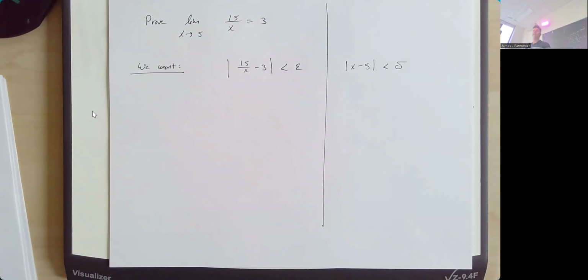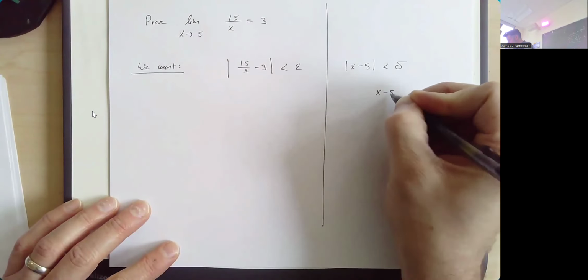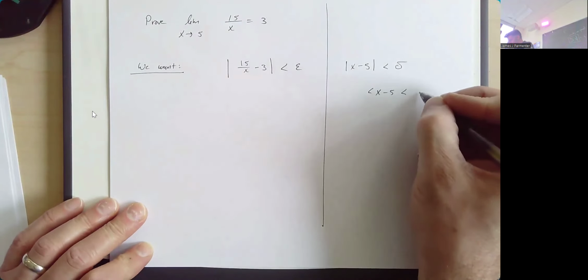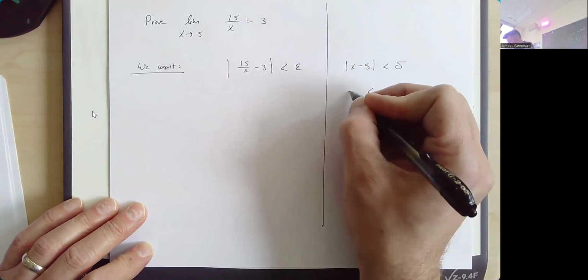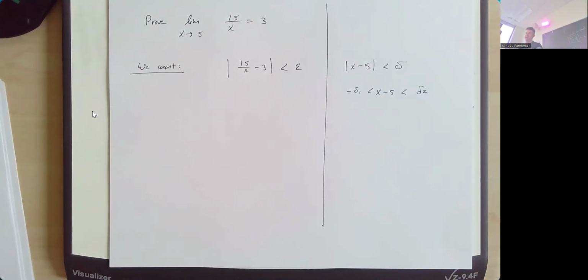The x minus whatever less than delta part is always going to be easy to deal with. It's really just two steps at the most. You have x minus 5 between, and again, I would encourage you to say this is delta 2 on the right, negative delta 1 on the left. That's how I would always choose to write it, instead of just negative delta and positive delta, because we know that they're going to be different values.